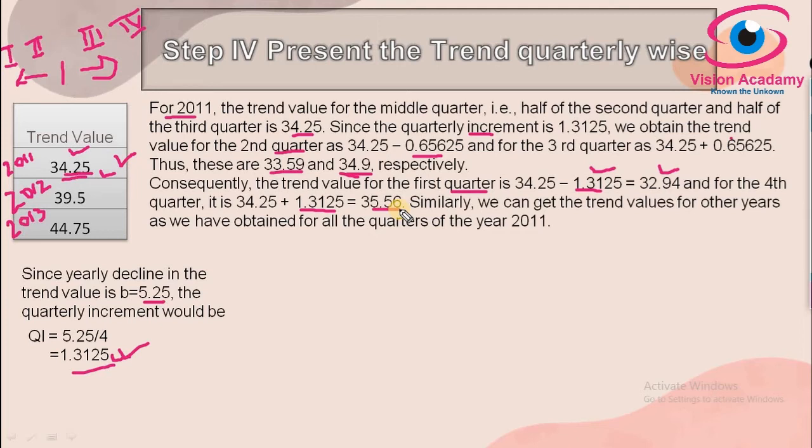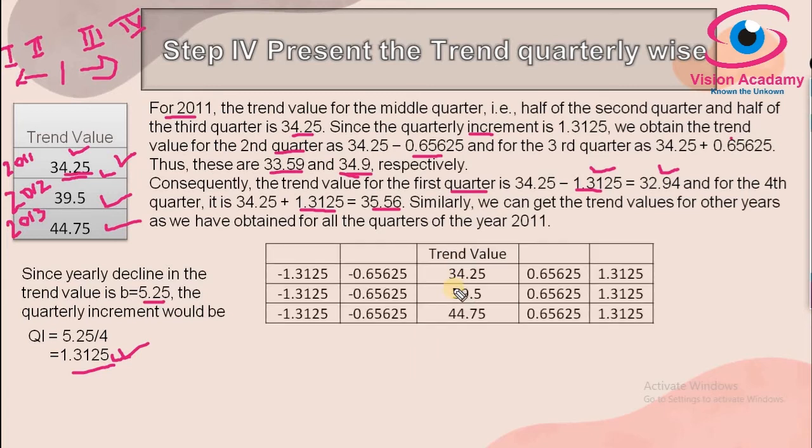We will continue the same procedure for the rest of the years, which means for 2012 and 2013. If you are still confused about how I am doing all this, look here. This is the trend value we obtained using the least square method. This is the second quarter, this is the first quarter, this is the third quarter, and this is the fourth quarter increment.